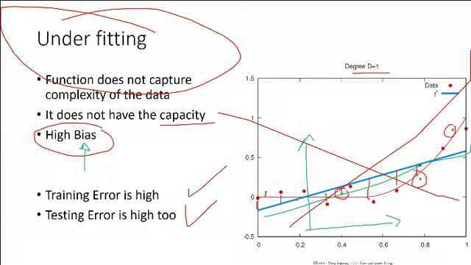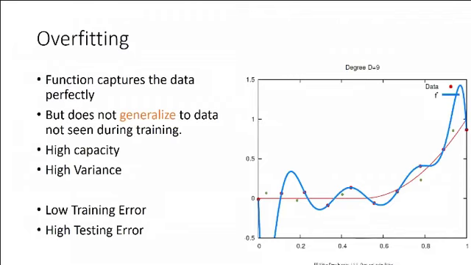However, when your dimensions are very large and your data is not as simple as a linear regression, having a low capacity function is not something you want to go for.